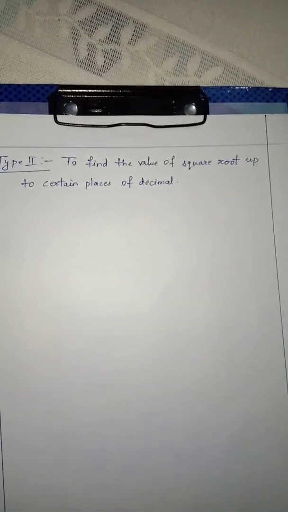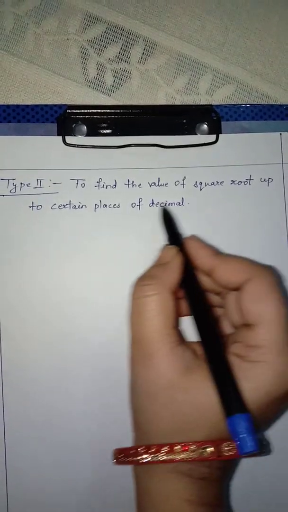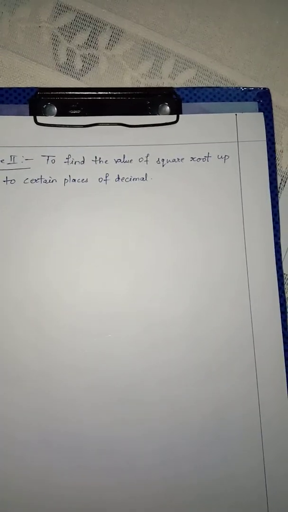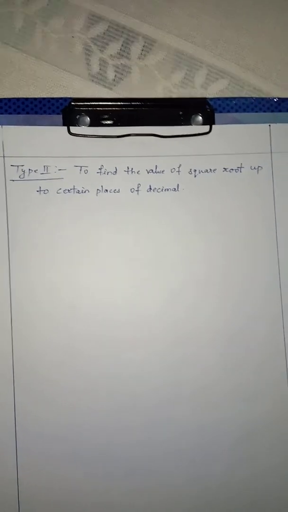In type 2, which type of question will come? To find the value of a square root up to certain places of decimal. Now see the next example.